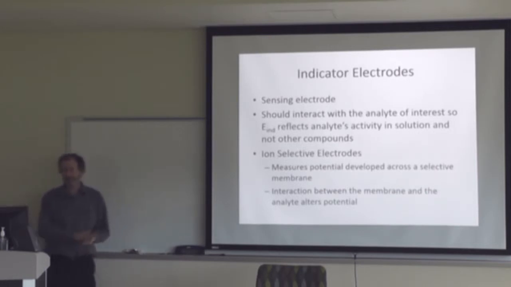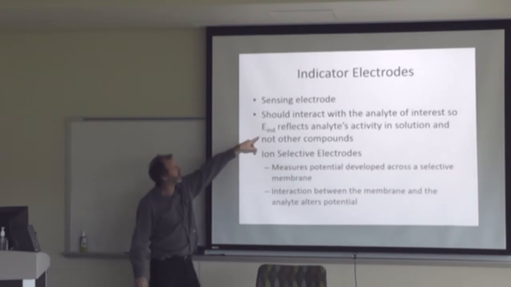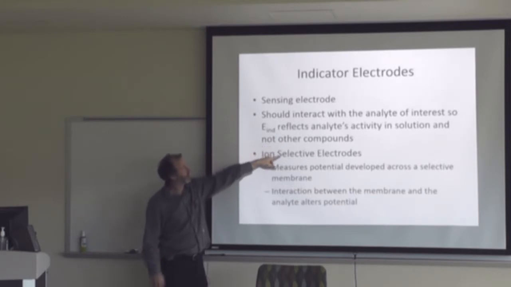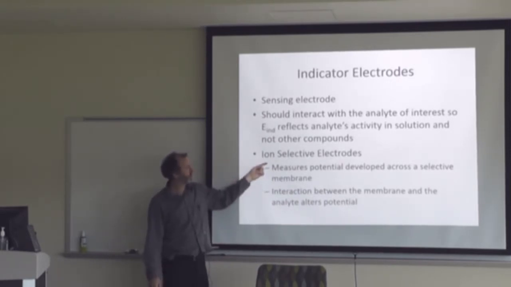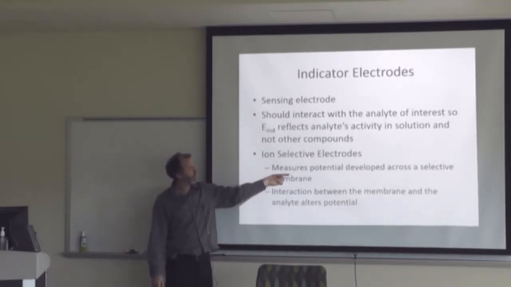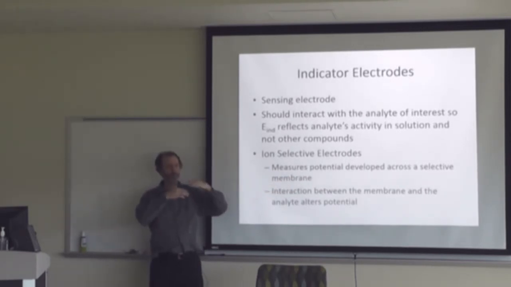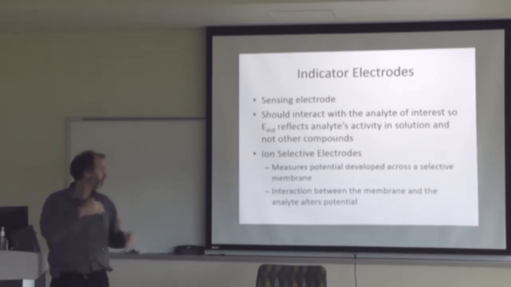Then your indicator electrodes, or sensing electrodes, should interact with the analyte of interest. So E indicator reflects the analyte's activity in solution and not other compounds. So the electrodes that we use are ion selective electrodes, and they measure the potential that develops across the selective membrane. You don't get current flowing through the membrane, it's the potential across that membrane.